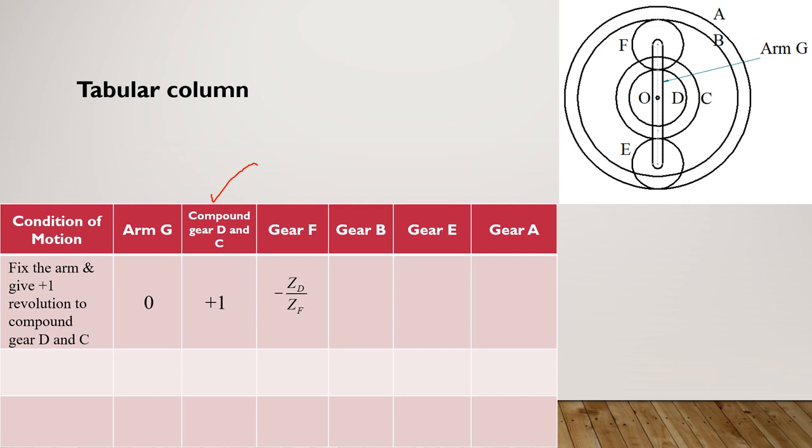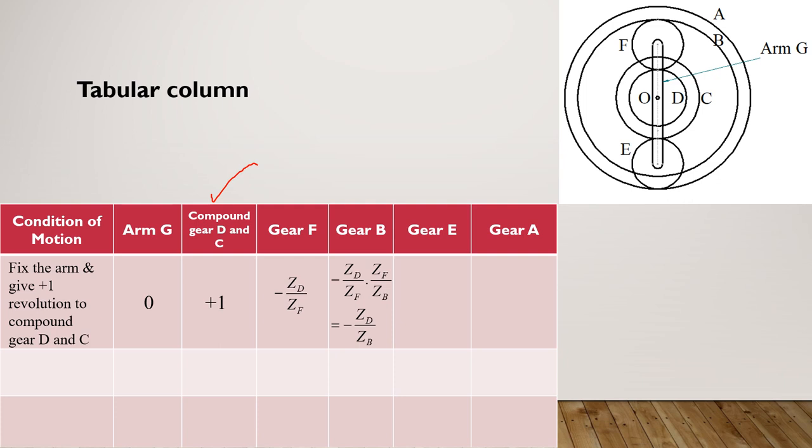First we write for ZD and ZF, that is the combination of D and F. ZD is the driver here and transfers to F, so it is ZD by ZF with a negative sign, since they are rotating in the opposite direction.